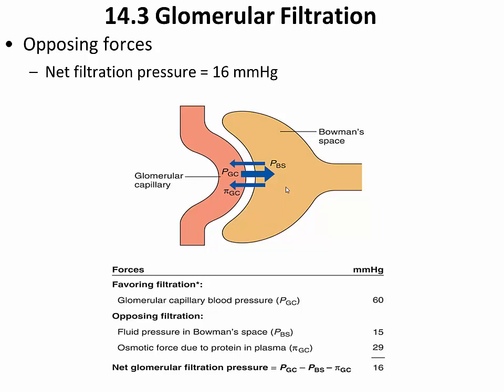And so this means that there is an osmotic pressure in the capillaries that's completely absent in Bowman's space that's drawing fluid back towards the capillaries. And this is significant, 29 millimeters of mercury. So if we add these together, then what we see is that we have 60 millimeters of mercury favoring filtration, 29 plus 15 opposing it. That gives us a net filtration pressure of 16 millimeters of mercury.